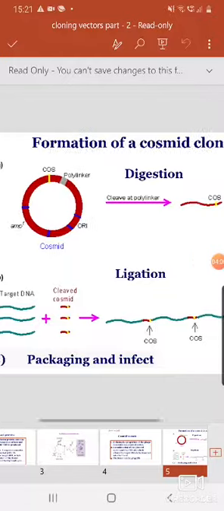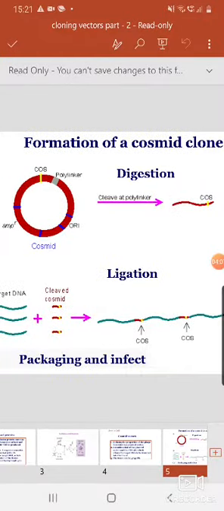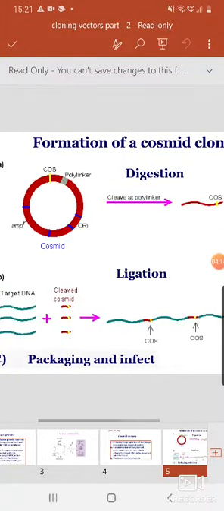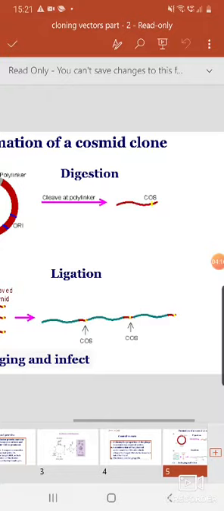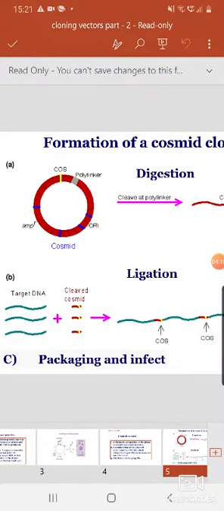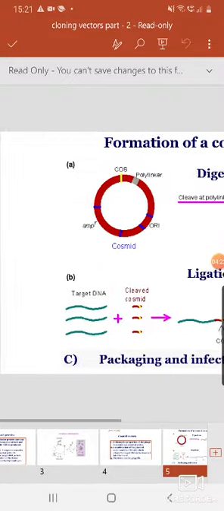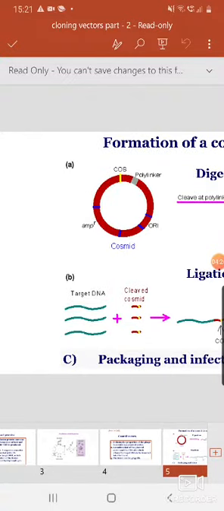If you cut in the polylinker site, just imagine a circular rubber band you cut on one side, you get a linear molecule. The yellow spot is the cos site. Both ends of the digested vector have sticky ends, let's say EcoRI, and the green one is your target insert DNA, which is treated with the same restriction enzyme, EcoRI.